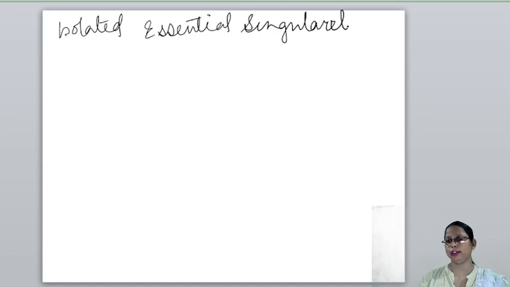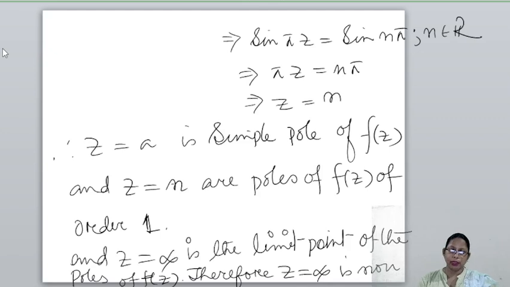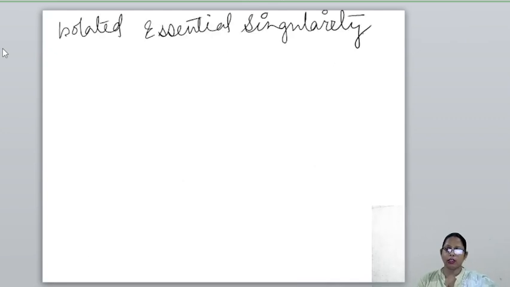Residue is defined only at an isolated singularity. So we are going to find the residue at the simple poles of order 1, that is z equal to a and z equal to n.